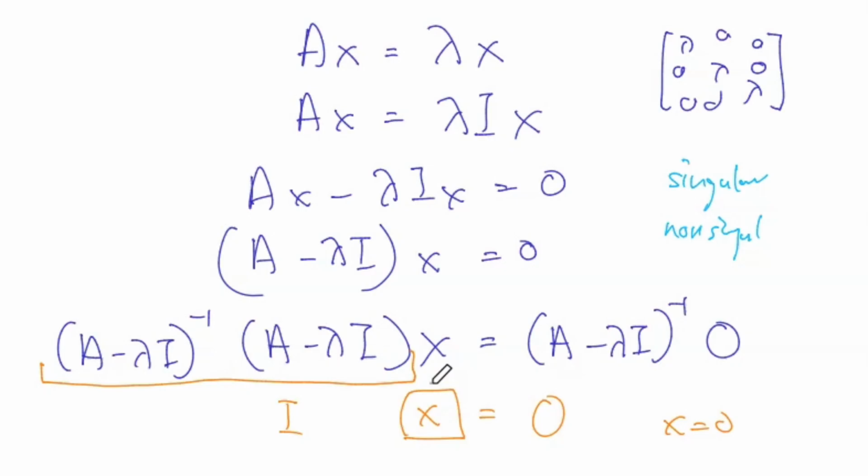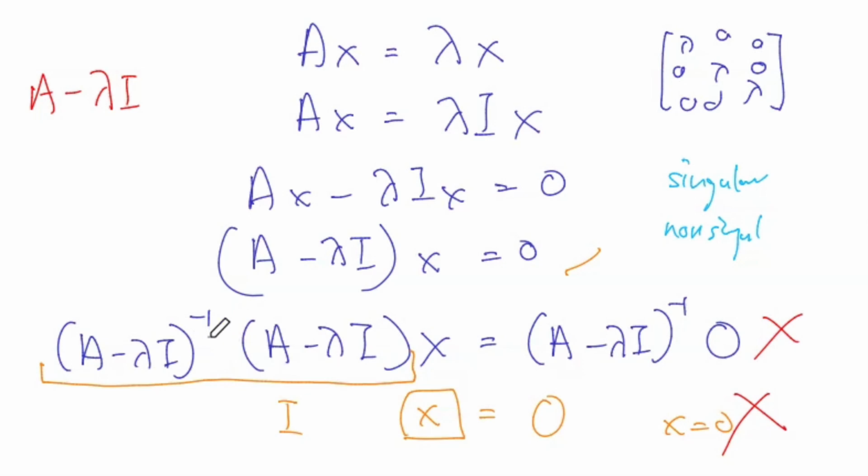So that means if this is true, this one should not happen, which means that A minus lambda I should be a matrix which is not invertible.